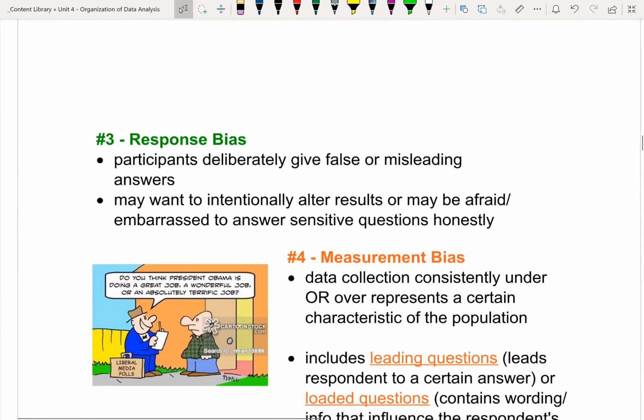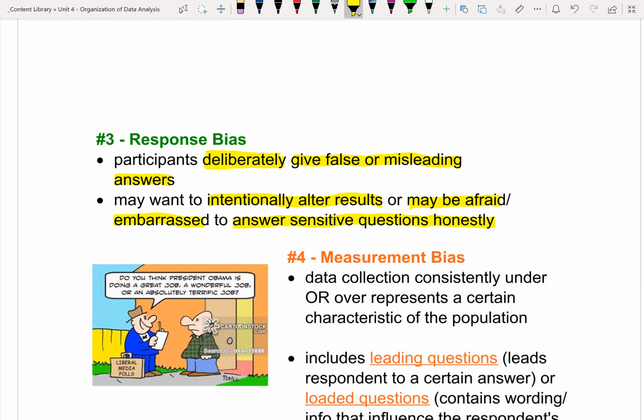The other type, response bias. So this is where participants deliberately give false or misleading answers, or they may want to intentionally alter results, or may be afraid or embarrassed to answer sensitive questions honestly.